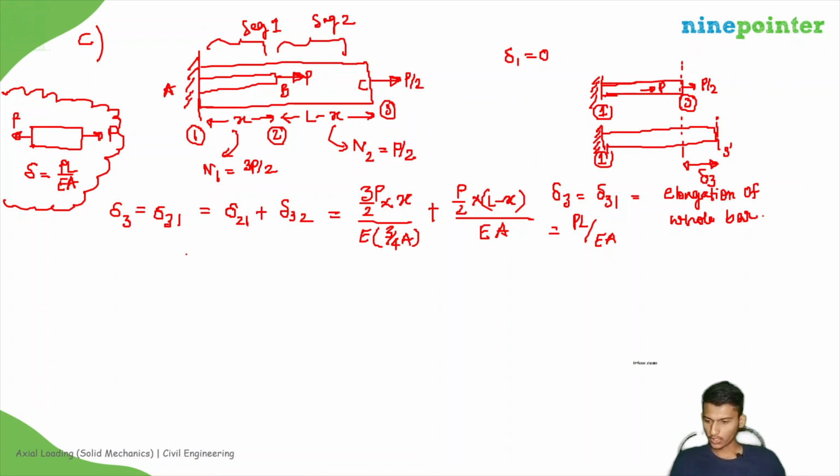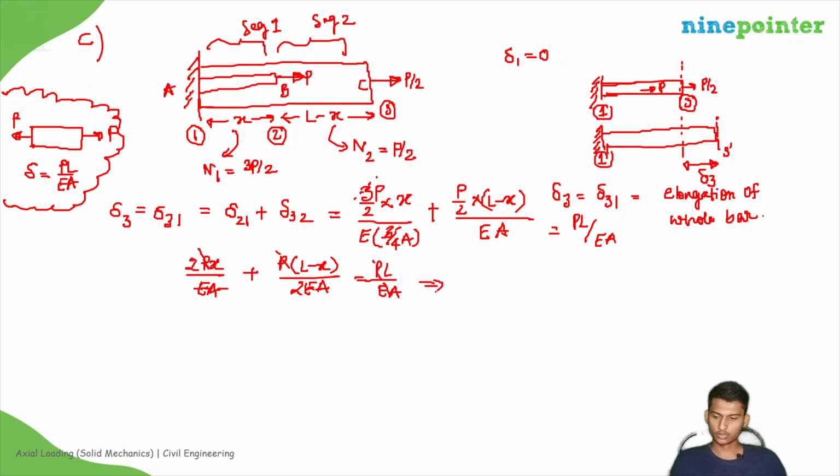So you can write it as, 3 cancels and 2 cancels 2 times, 2Px by EA plus P of L minus x divided by 2EA is equal to PL by EA, right? So you can cancel P by EA, right?